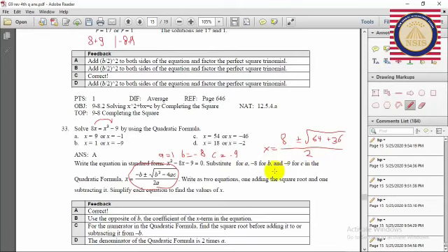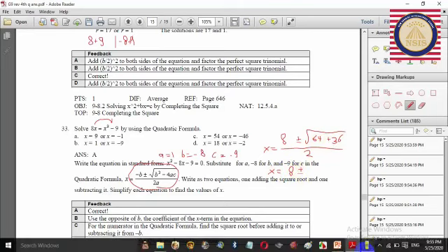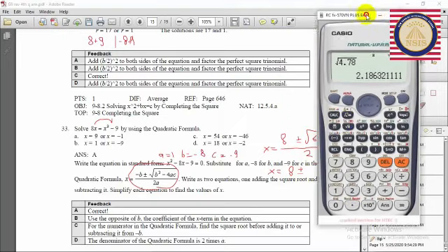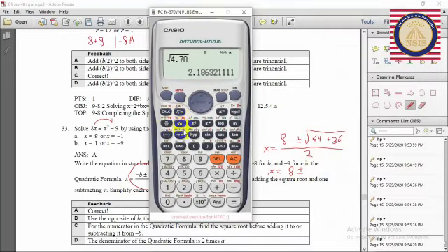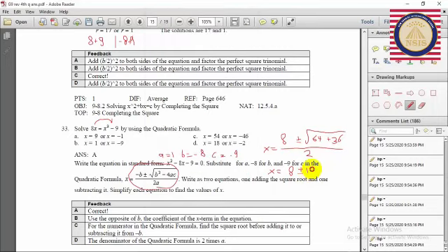Very good. So the x equals what? 8 plus or minus square root of 64 plus 36. Let's make it with our calculator. Square root, and open bracket here, 64 plus 36, and close the bracket, and equals, it will be 10. So it's 8 plus or minus 10 over 2.